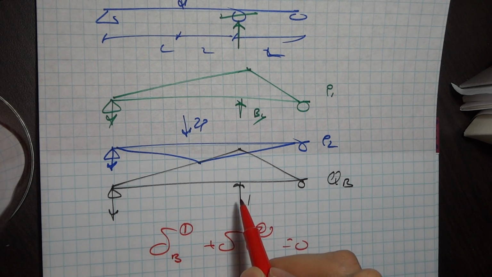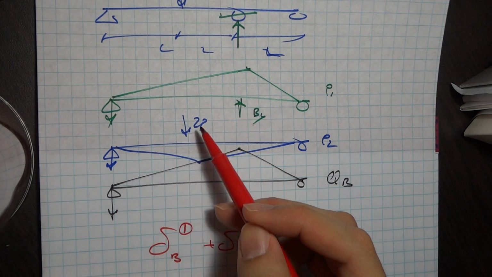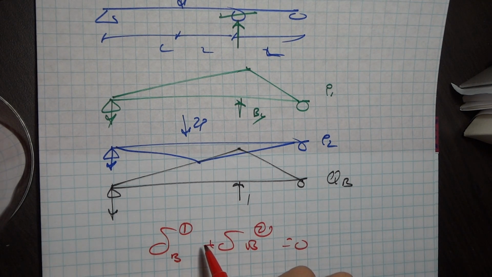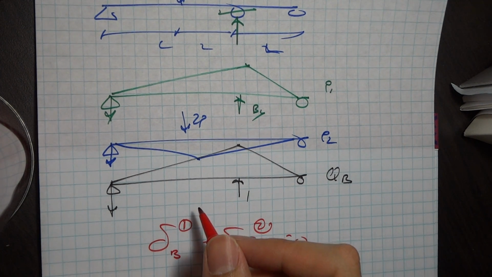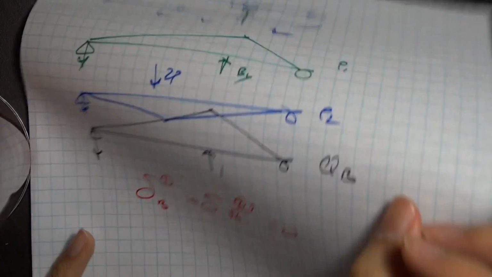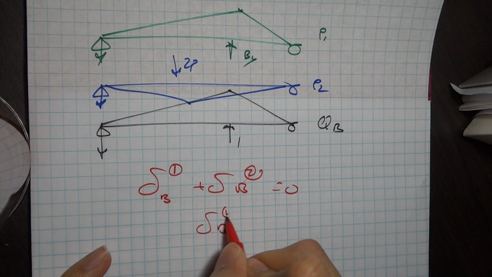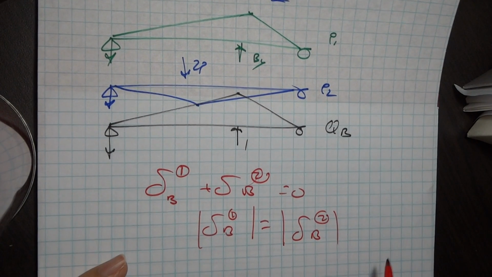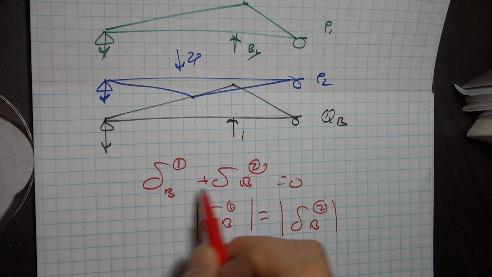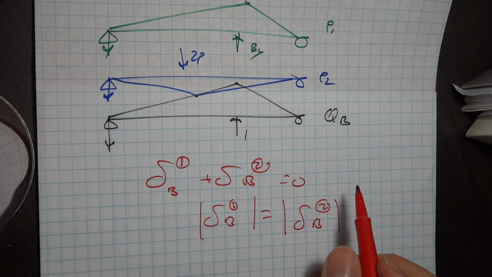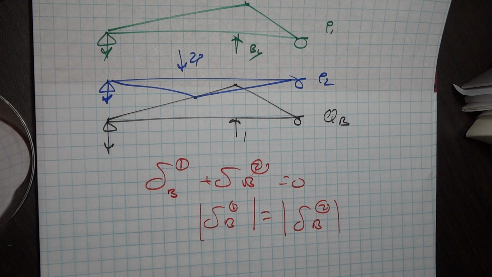I'm using the same Q system for both my P1 and P2. Therefore, my deflections will be in the same direction. I add terms that are in the same direction together, so I put them on the same side of the equation. This is also the same as saying the magnitude of delta B1 is equal to the magnitude of delta B2. I prefer to work with this one when I'm doing virtual work, and I prefer to do this one when I'm using moment area, just because with virtual work I know the direction of the deflection.